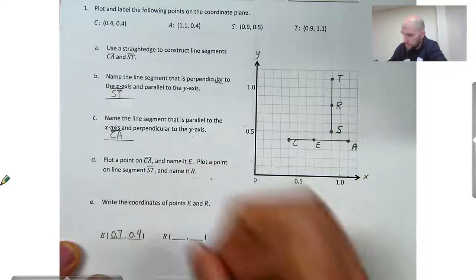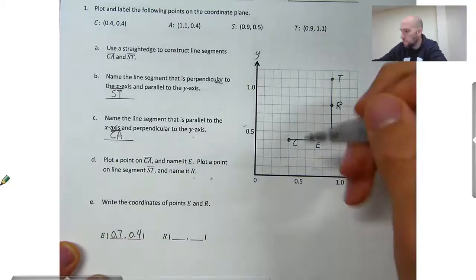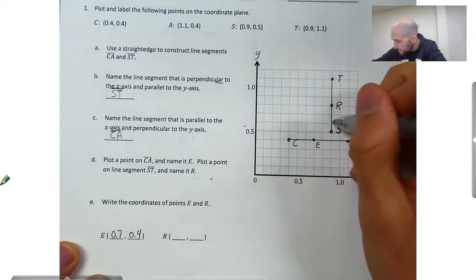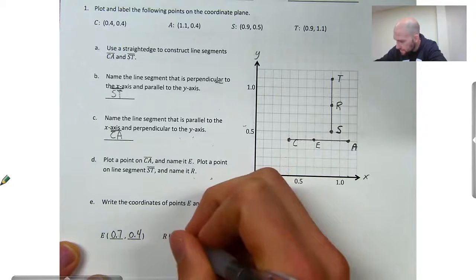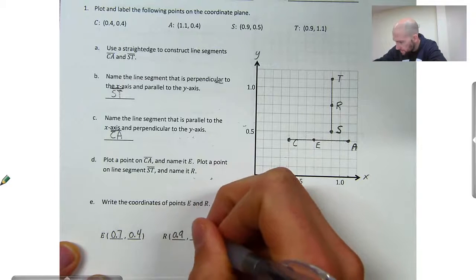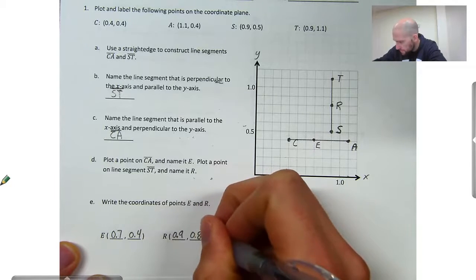All right, 7/10, 4/10. And then point R is going to be 9/10. And we start down here, 5, 6, 7, 8/10. So 9/10, 8/10.